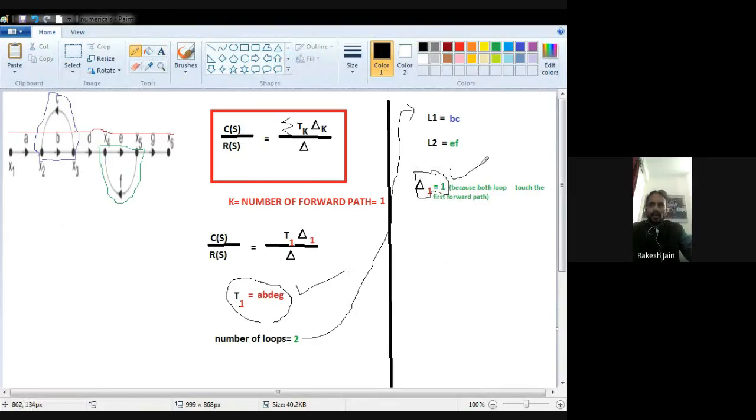Now what is left? I only have to find the value of del. So the next step is how to find the value of del.